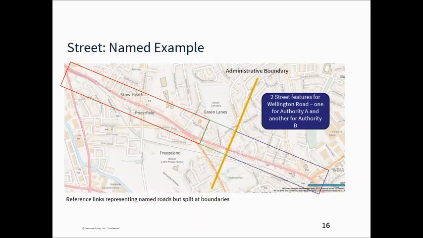However, when it comes to the street feature in this slide, for the same area, you actually have three street features. You have one on the left with the red polygon, which represents the Bliston Road, and then on the right side, where you have the administrative boundary in orange, you have two features. One is for authority A, and the other is for authority B. So again, I hope this helps illustrate the difference between road and street and how they manifest in the data.